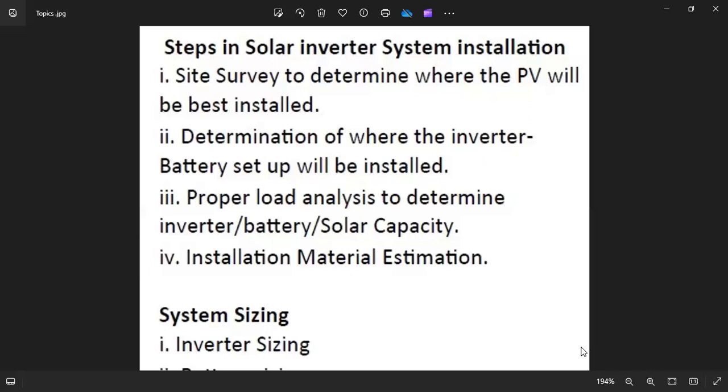In the process of charging, it actually emits hydrogen, though in minimal quantity.